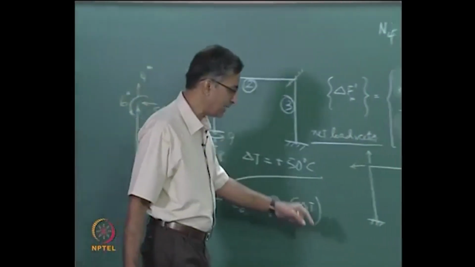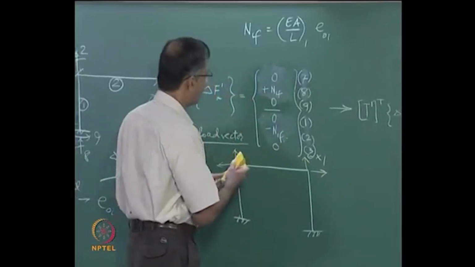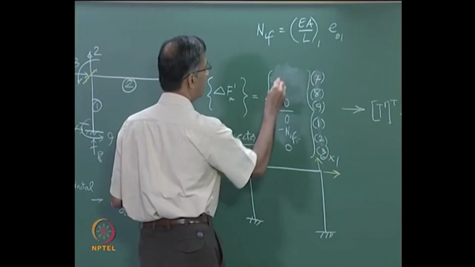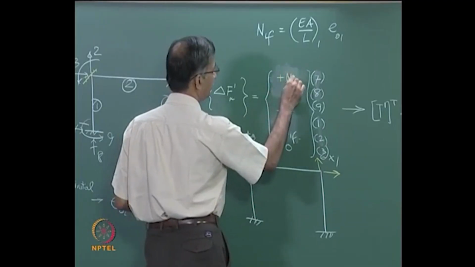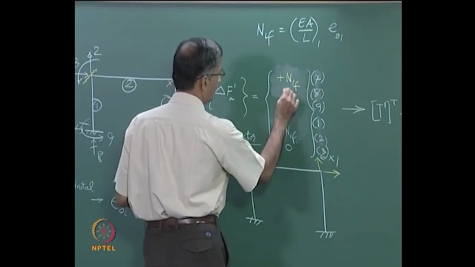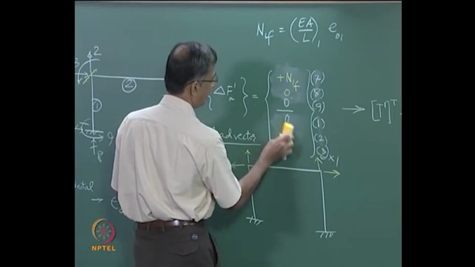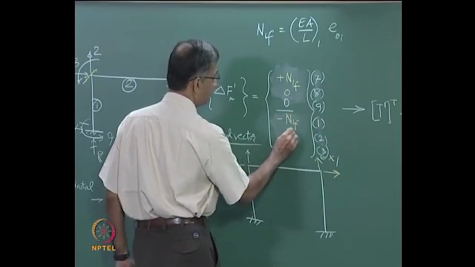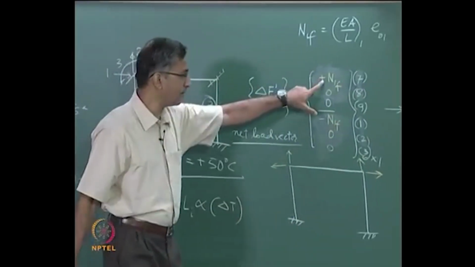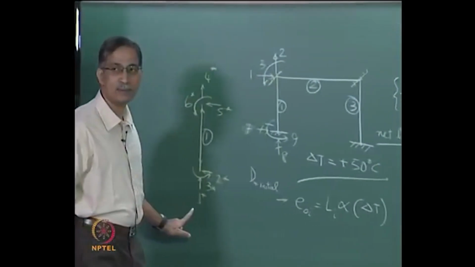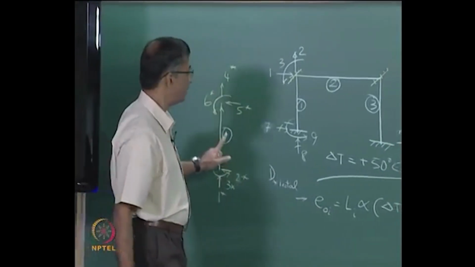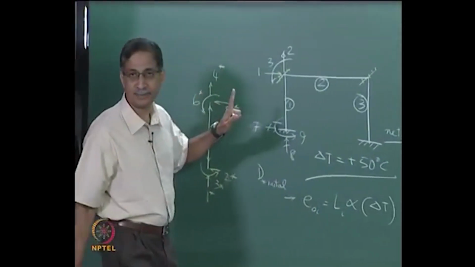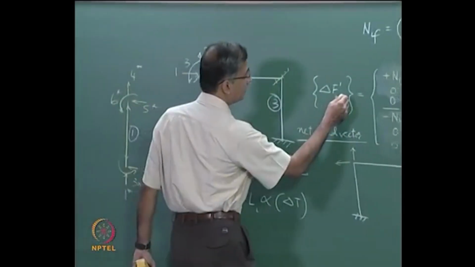So you are right, this should find a place here, and this here, because this corresponds to 1 star, this corresponds to 4 star, and this incidentally is F star F.